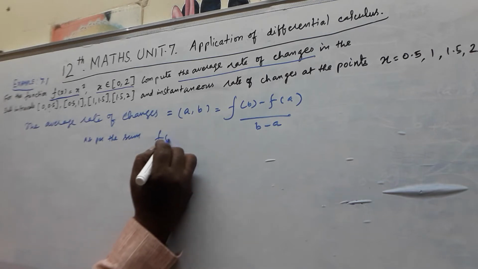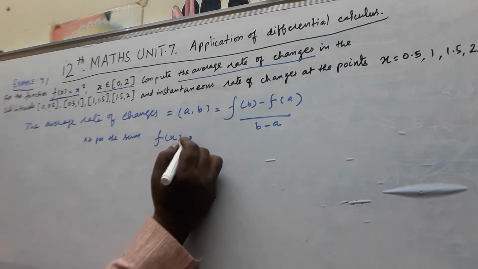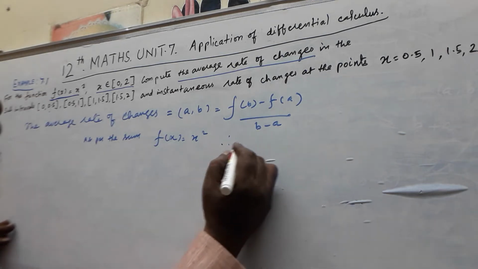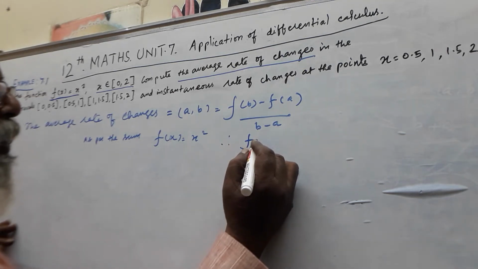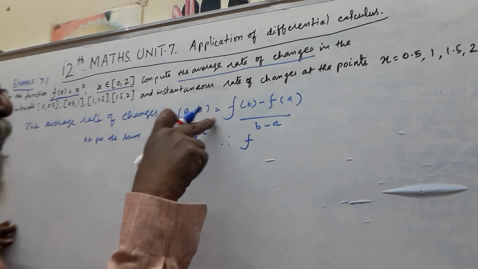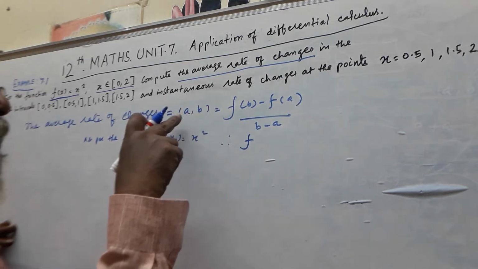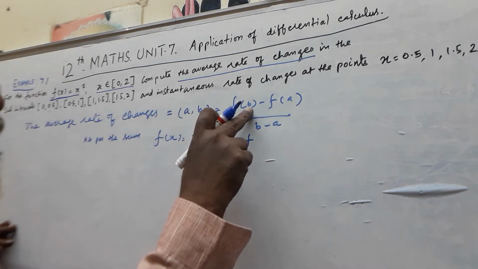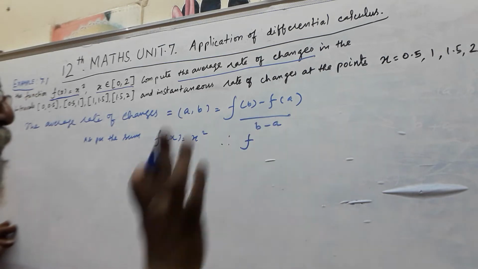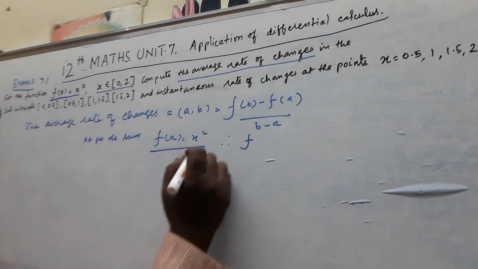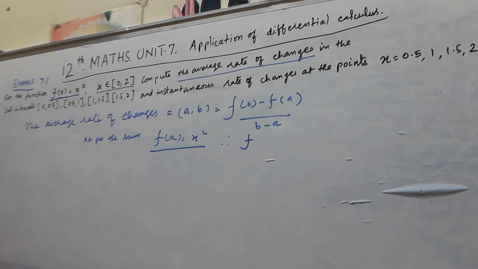f of x is equal to x square. Therefore, for this equation, the interval is given as a comma b, so that f of b minus f of a by b minus a. Now, as per the sum, we know the value of f of x equal to x square.